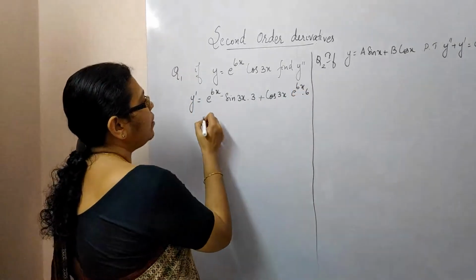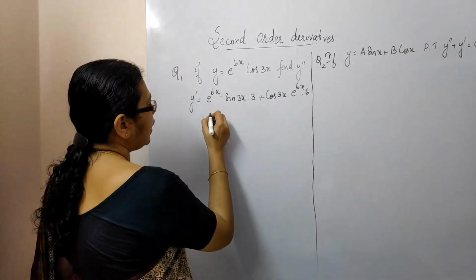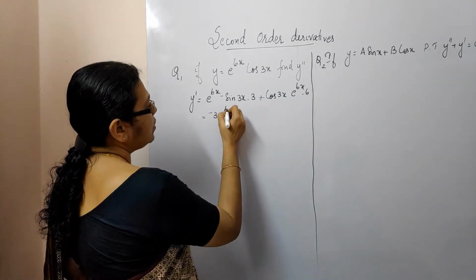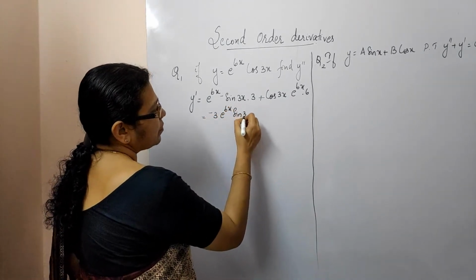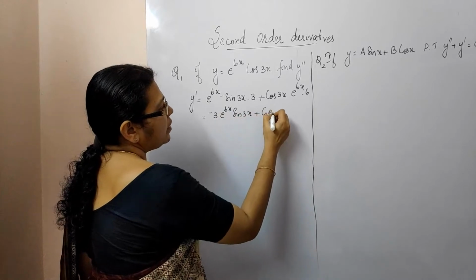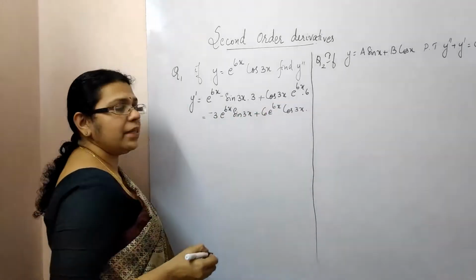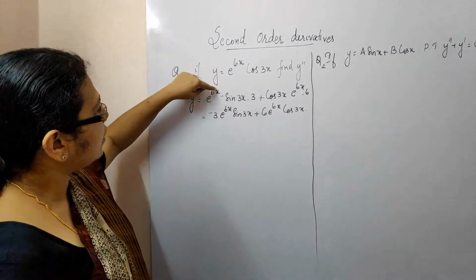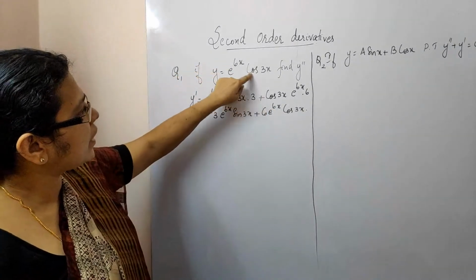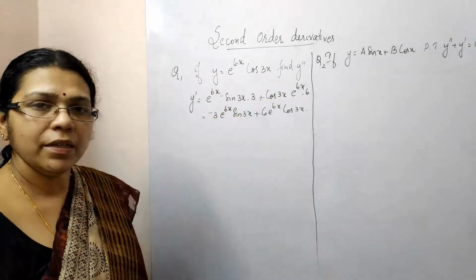Okay, now I can write this as minus 3 into e raised to 6x into sin 3x plus 6 into e raised to 6x into cos 3x. Fine. So this is first function into derivative of the second plus second function into derivative of the first.